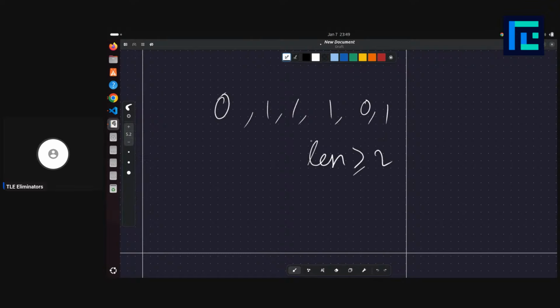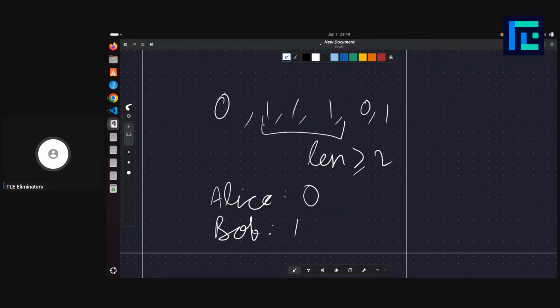They can select a subarray of length at least 2 and replace it with whatever the other thing is: if there's a 0, then the entire subarray gets replaced with 1, and if there are all ones in the subarray, then it gets replaced with a 0, right? And finally, Alice wants that finally in the array 0 should remain, and Bob wants that in the array 1 should remain, right?